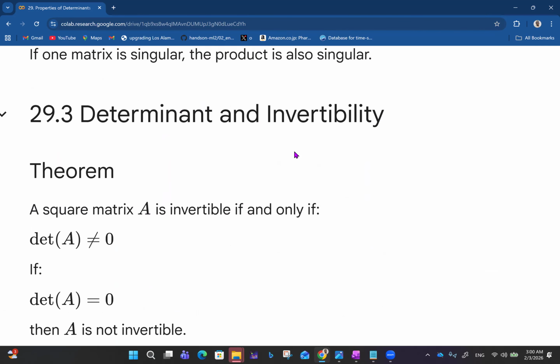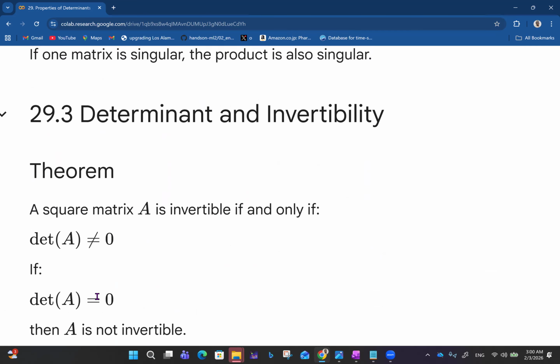So determinant and invertibility. Theorem: a square matrix A is invertible if and only if the determinant of A is not equal to 0. That also means that if the determinant of A is not equal to 0, then the matrix is invertible, that is, it has an inverse.